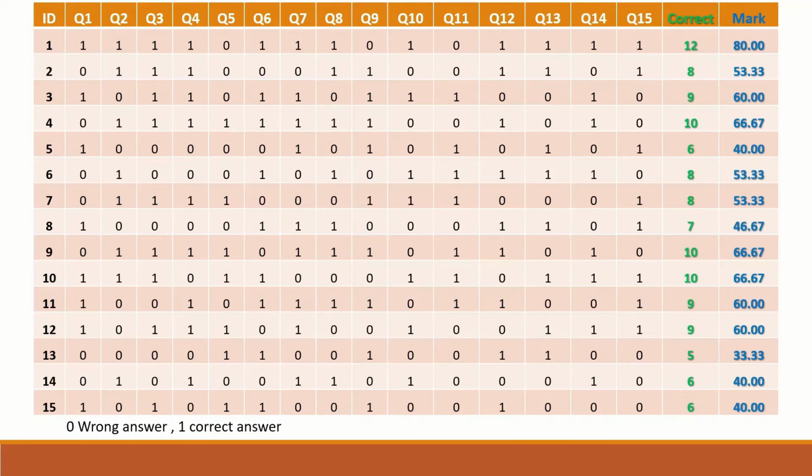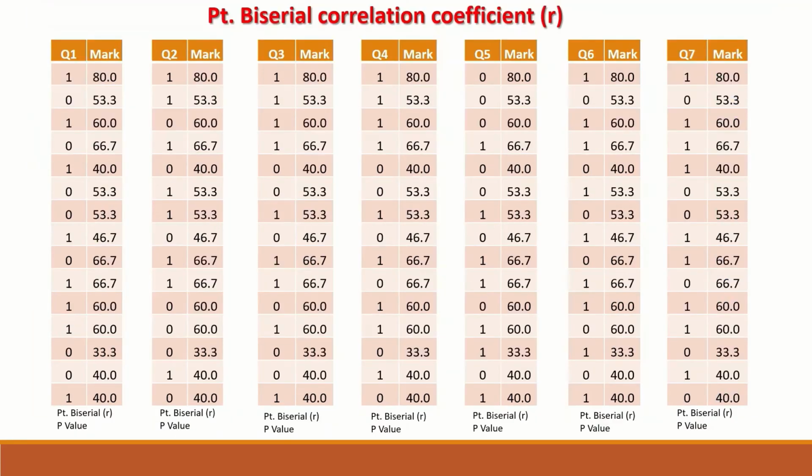So in the point-biserial correlation, once the total mark is calculated, the test is performed and the test will correlate each specific question, the scores in each question, with the total mark, as shown here in this slide again.